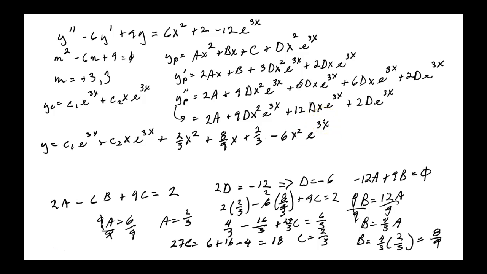I think. I hope. Let's see. y is equal to C1 e to the 3x plus C2 x e to the 3x plus 2/3 x squared plus 8/9 x plus 2/3 minus 6 x squared e to the 3x. Done. All right.